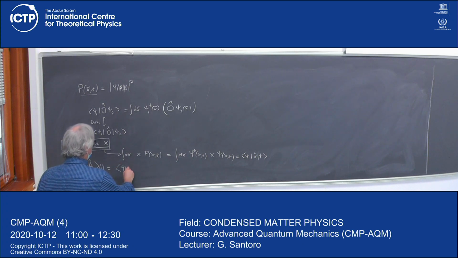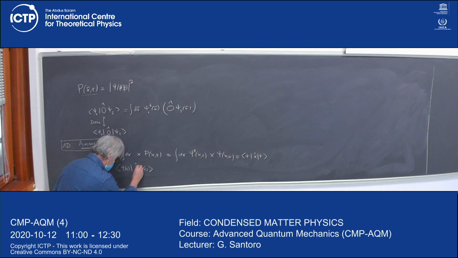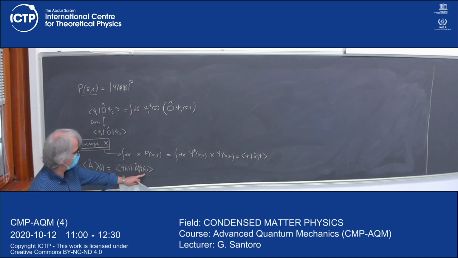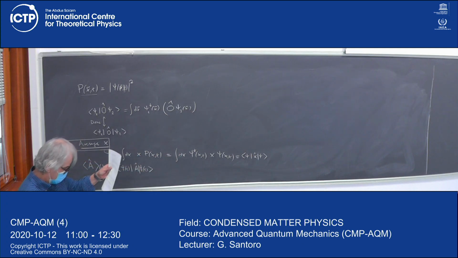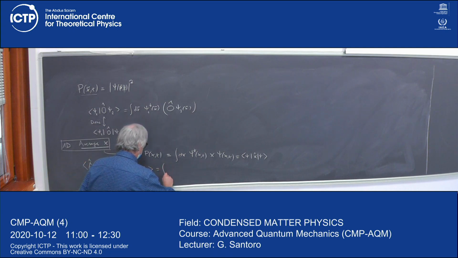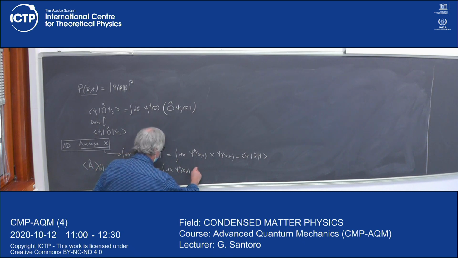Take the state psi of t and do the scalar product of the state with A applied to the state. You have to bracket A in between psi and psi. Pretty natural generalization of that. Concretely, this is the integral dx of psi star of x and t, A acting on psi of x and t.